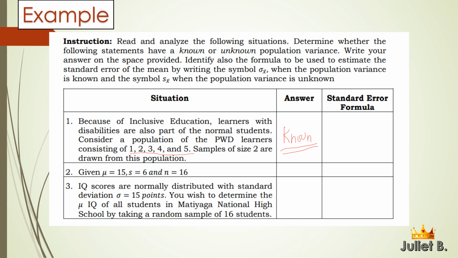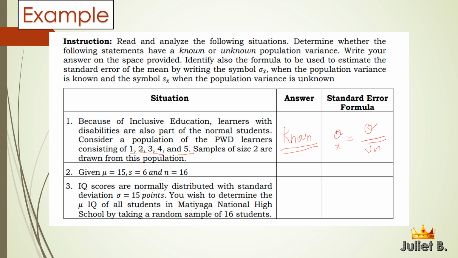So, this situation is an example of the sampling distribution when the variance is known, since the population variance can be calculated by standard error of the mean is equal to the standard deviation of the population divided by the square root of n.